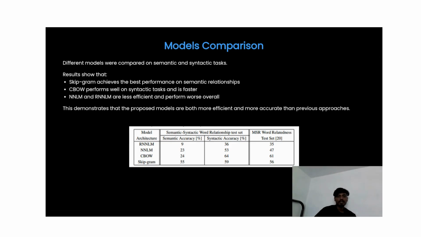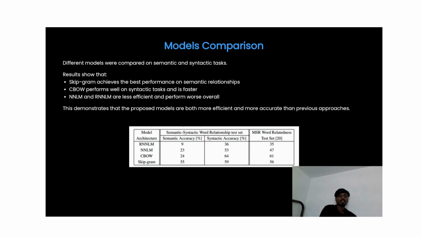So now let us see how data size and vector size affect the performance of word2vec. There are two main factors: the amount of training data and the dimensions of the word vectors. From the experiments, we observed that increasing training data improves accuracy, and increasing vector dimensions also improves performance. This is because more data helps the model learn better relationships, and larger vectors can capture more information.